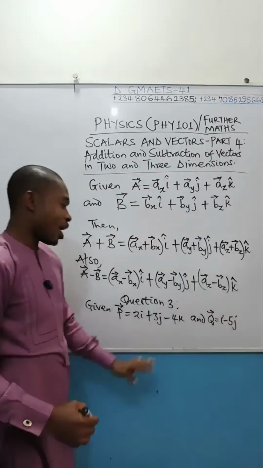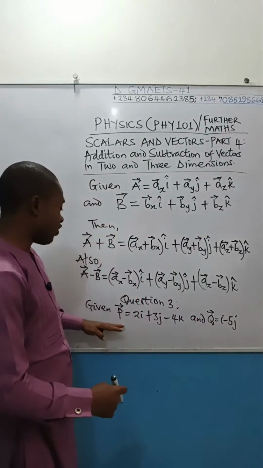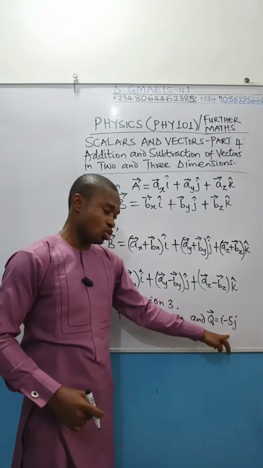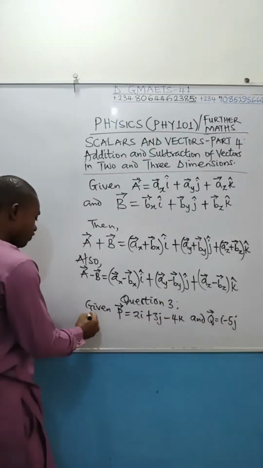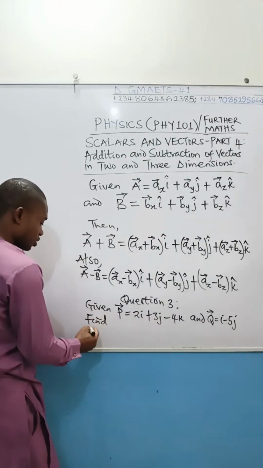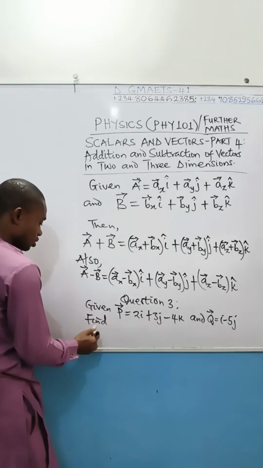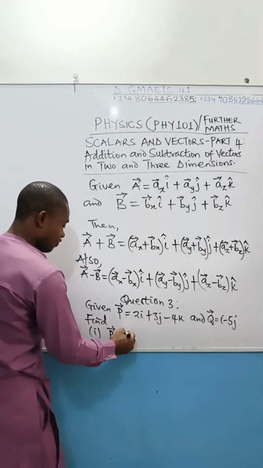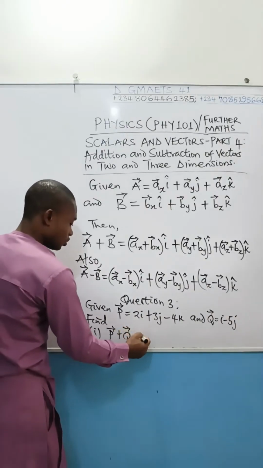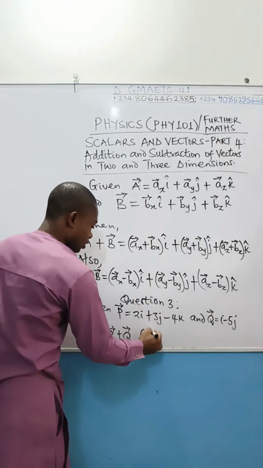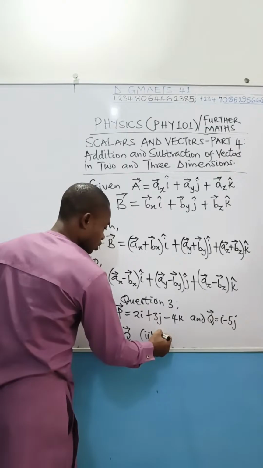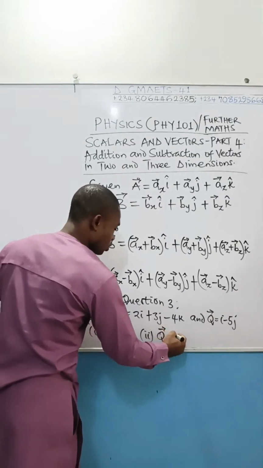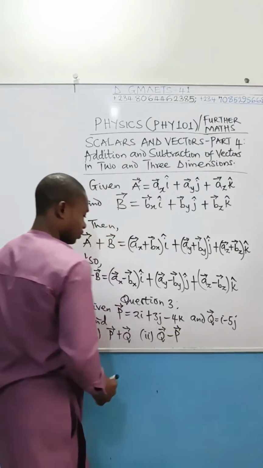Good. I've given you this now. Let's see. You see, this vector is in 3 dimensions. This one is in 2 dimensions. Find (i) vector P plus vector Q, and (ii) vector Q minus vector P.